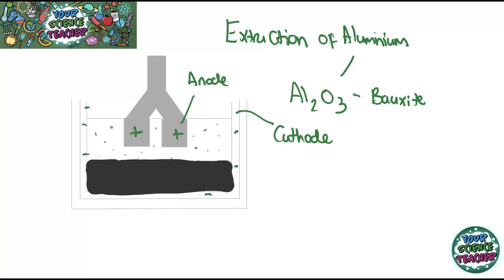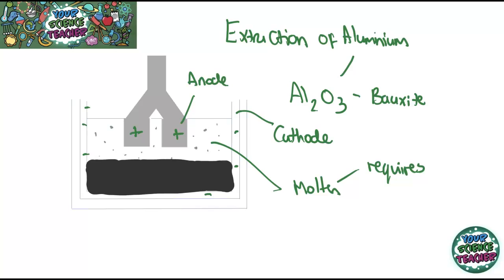The first thing I need to do in my electrolysis of aluminium oxide is make it molten. The reason I can't do an aqueous electrolysis on aluminium oxide is that aluminium is more reactive than hydrogen, so you'd end up making hydrogen. To make it molten requires lots of energy.